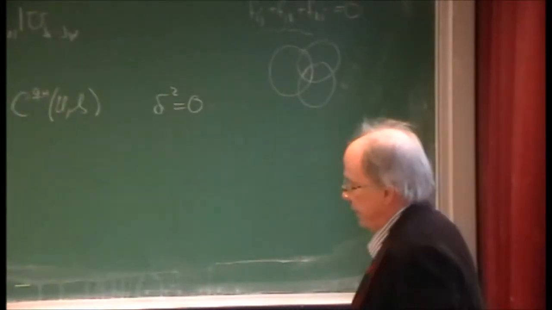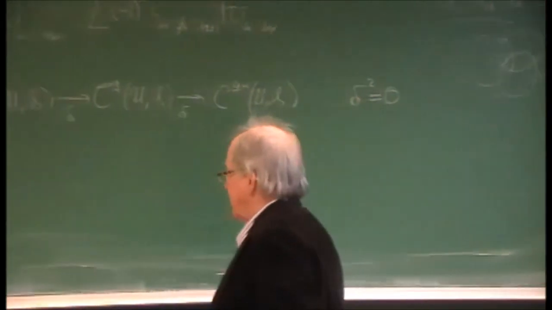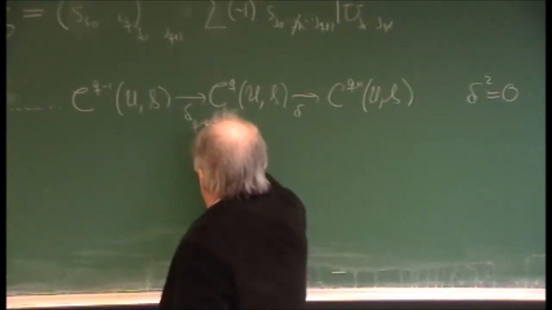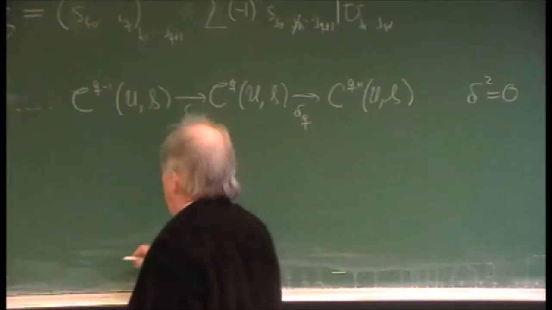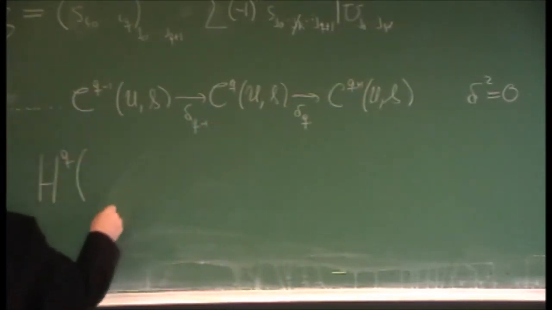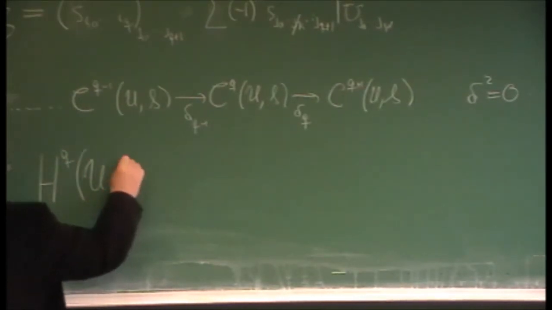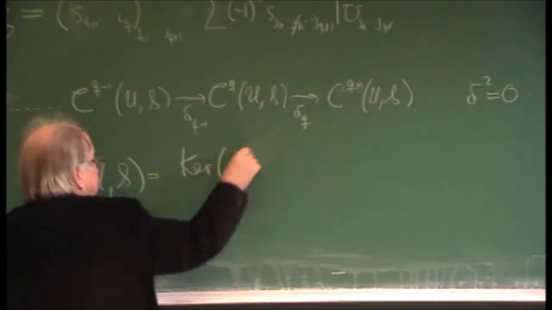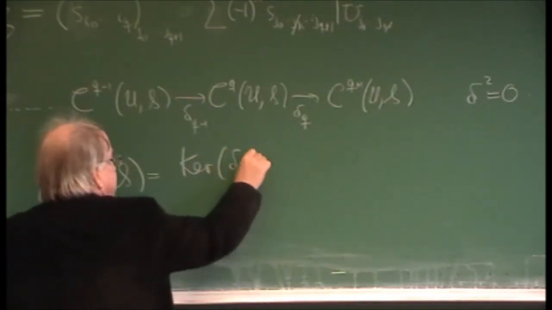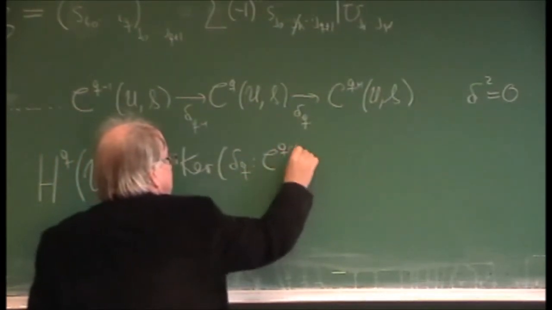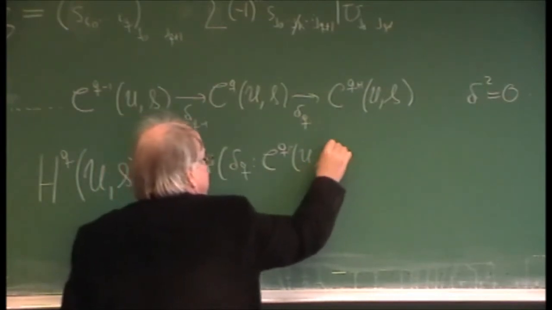Okay. And of course then, let's be precise. The qth cohomology of the complex is the Čech cohomology, and so the qth cohomology is just the kernel of dq, going from Cq to Cq plus 1.